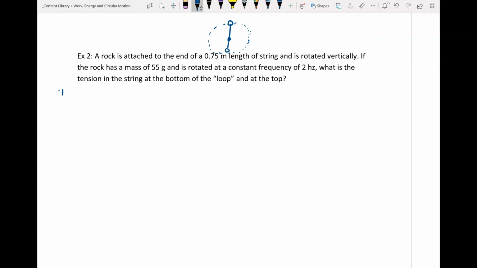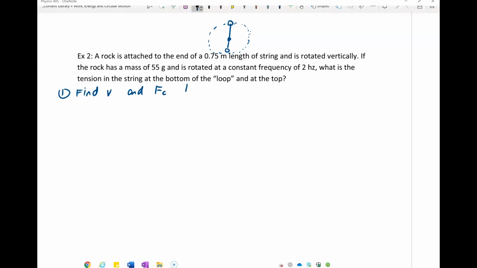The first thing we're going to do is find our velocity. And if we have a velocity, then we can find the centripetal force. Once we have that, then we can factor in gravity.